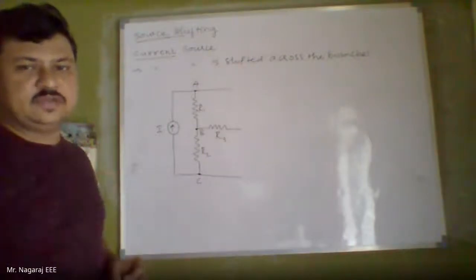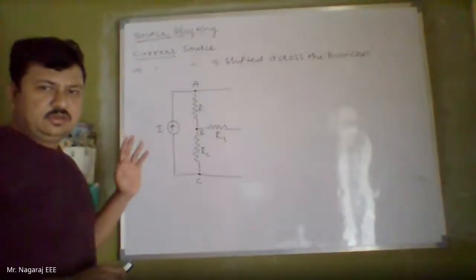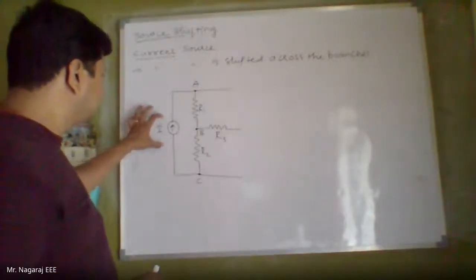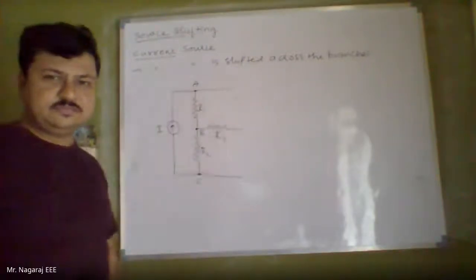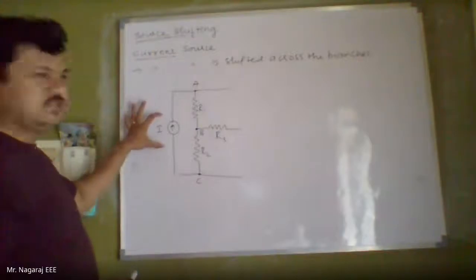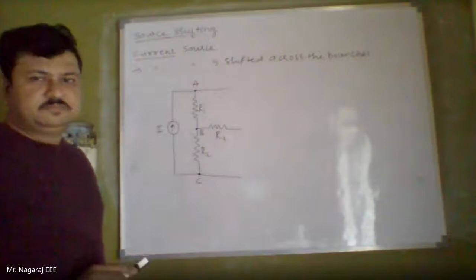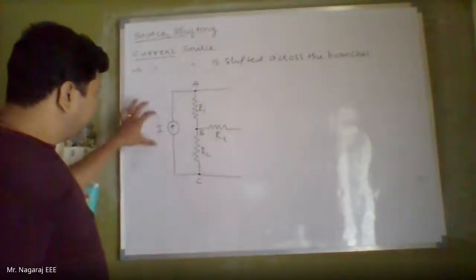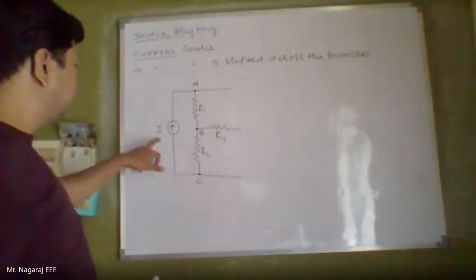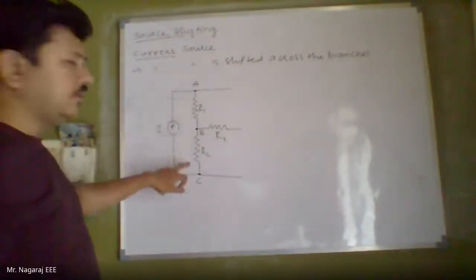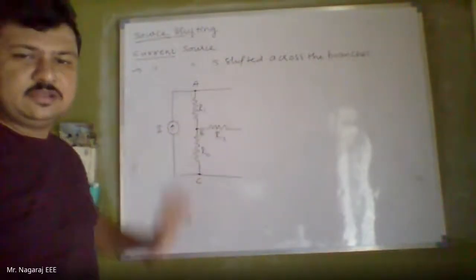So where all can I shift it? That is the question. I cannot shift this source across any branches. I can shift the source across the branches which are covered by the source. Now if you observe, the current source of I amperes is in parallel with the branches R1 and R2, and these R1 and R2 are forming a node at B with R3.